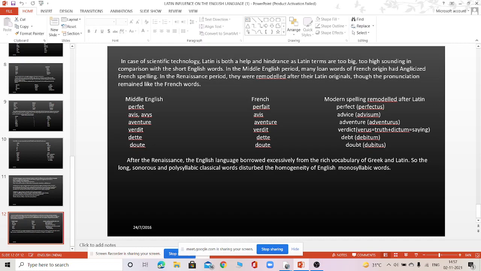সুতরাং সুবিধা অসুবিধা দুটোই আছে। In the Middle English period, many loan words of French origin had anglicized French spelling. মিডল ইংলিশ পিরিয়ডে কি ছিল, বিভিন্ন ধরনের লোন ওয়ার্ডস যেগুলো ফ্রেঞ্চ অরিজিন সেইগুলো অ্যাংলিসাইজ করে নিয়েছিল ইংরেজরা, ওরা ওদের মতো করে উচ্চারণটা করে নিয়েছিল। ফ্রেঞ্চ স্পেলিংটা রয়ে গেছে, সেটাকে রেখে দিয়েছে, কিন্তু তার উচ্চারণটাকে ইংলিশ উচ্চারণ। ফ্রেঞ্চদের স্পেলিং মানে উচ্চারণ তো একটু ডিফারেন্ট অবভিয়াসলি, they have a soft kind of a pronunciation.